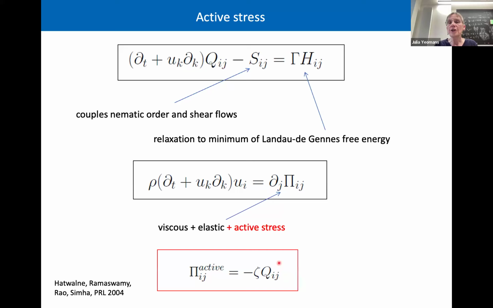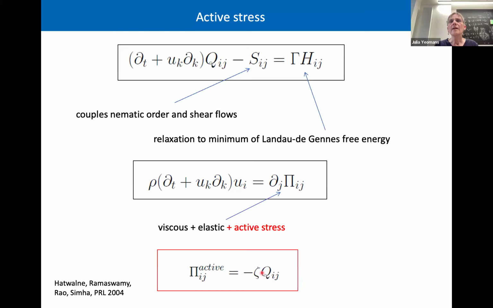And then it's proportional to Q, this order parameter. And that's because the flow fields have nematic symmetry. It's not entirely obvious why it's like that. That would sort of be another lecture. But it certainly makes sense that because of the symmetry of this flow field, you end up with a Q here, at least to leading order.